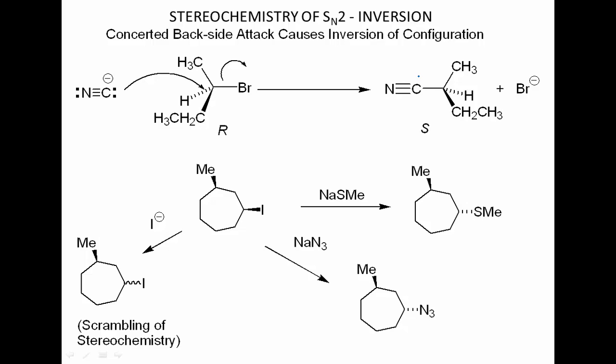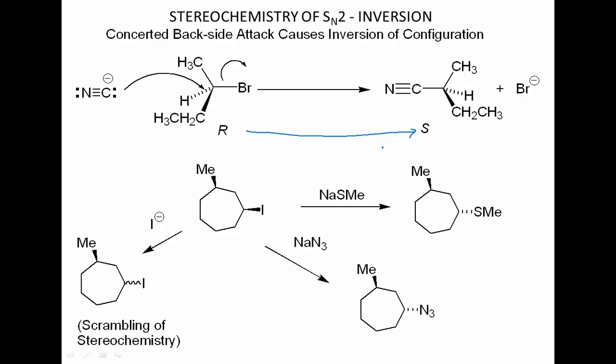And what you see is an inversion in that R converted to S. You always have to be careful that R to S is really an inversion, because there can be a change in priority numbers, but in both of these cases, bromine and cyanide both are the #1 priority, so we can say with absolute certainty that this is a true inversion of configuration.